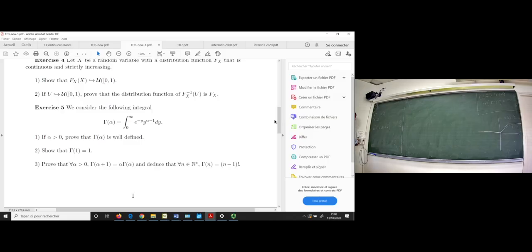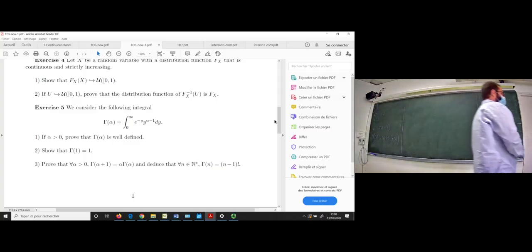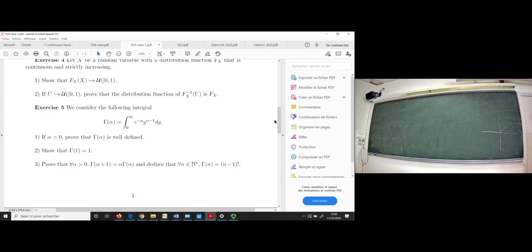Okay, so this probability is in fact the probability that f_X^{-1}(U) is less than f_X(small x), because f_X is bijective and strictly increasing.